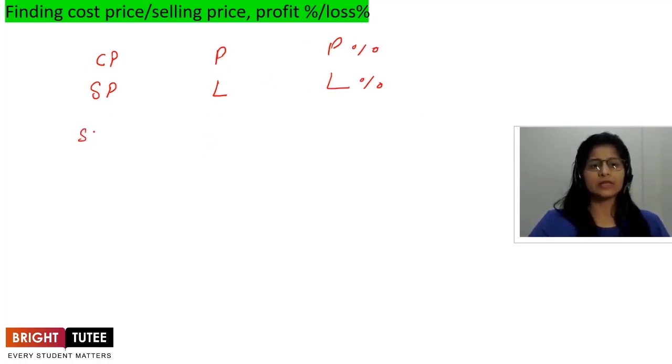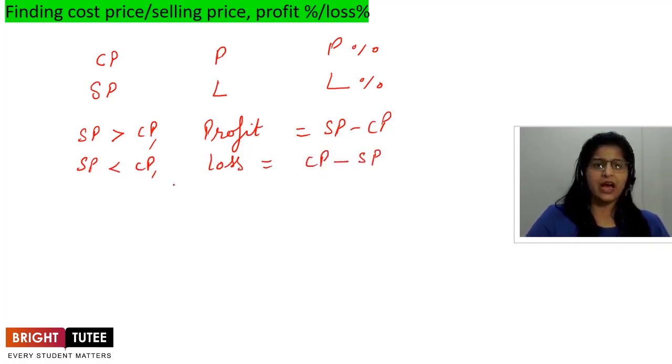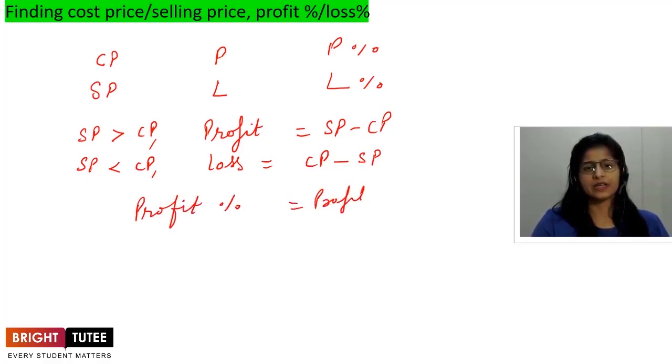Now when SP is greater than CP, we are at a profit, and we calculate the profit as SP minus CP. When SP is less than CP, we are at a loss, and loss is calculated as CP minus SP. Profit percent is profit upon CP into 100, where CP is the cost price at which the item is bought.